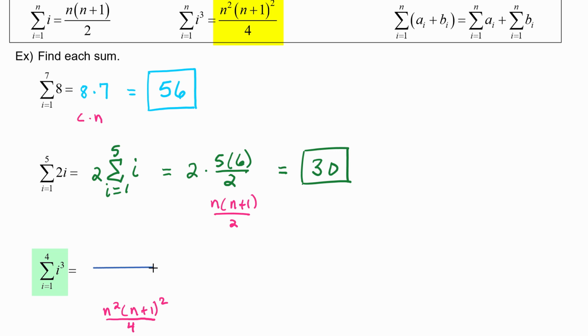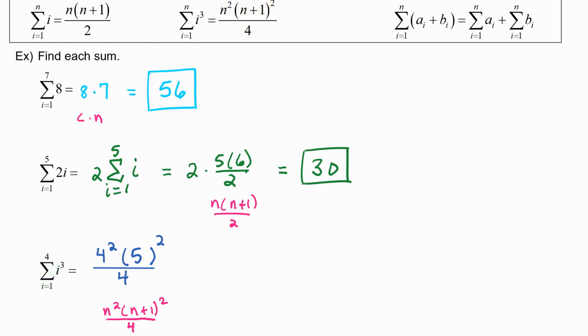So we will get a rational expression. We take n squared, so our upper bound is 4, and we have to square that. Then we multiply that times n plus 1 squared, which would be 5 squared. And then in the denominator is 4.